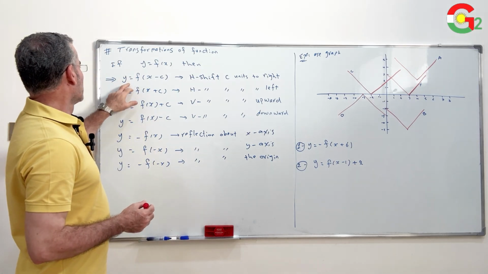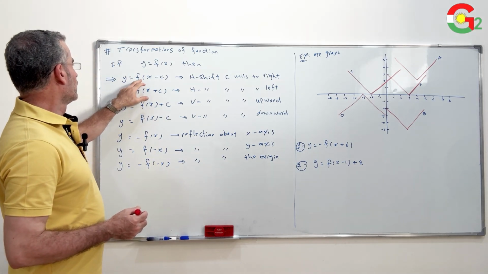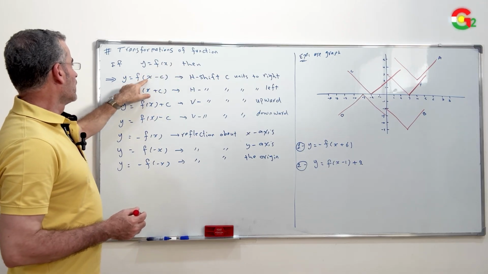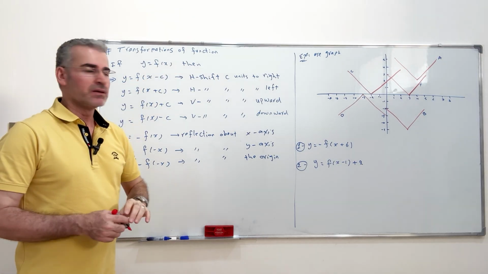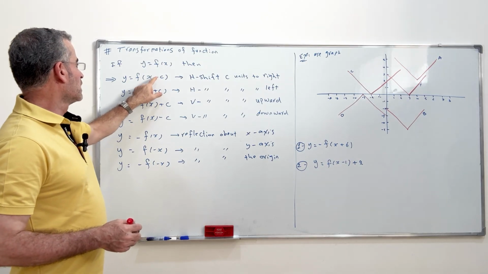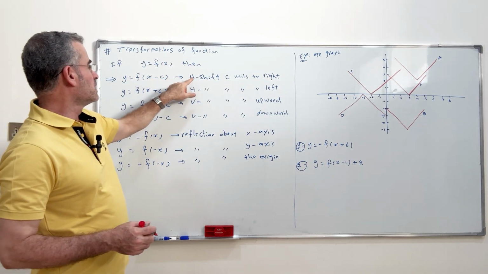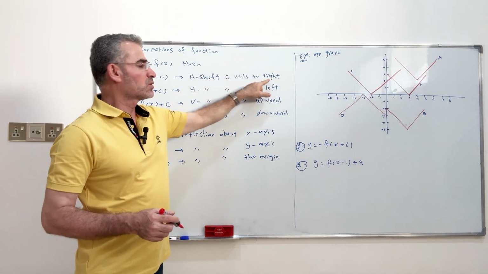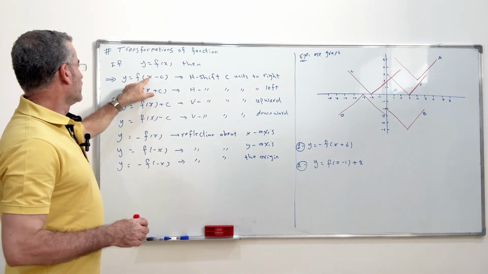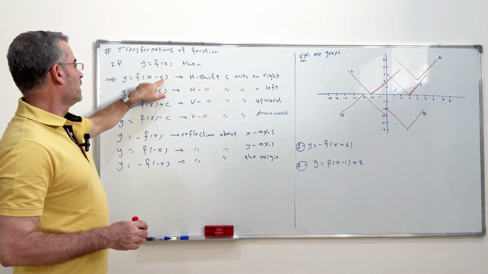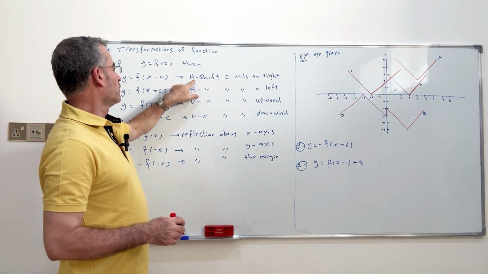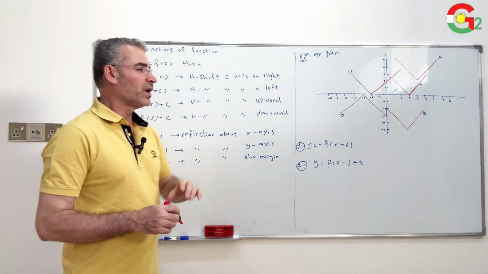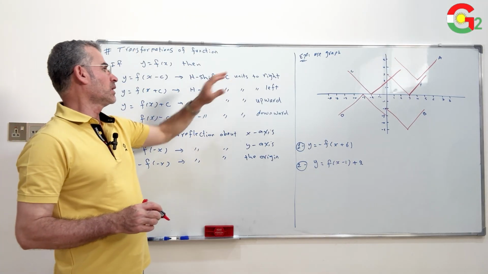The first one: if y equals f of x, then y equals f of x minus c units, and the transformation is a horizontal shift c units to the right. When x is minus a number, then we have a horizontal shift c units to the right.